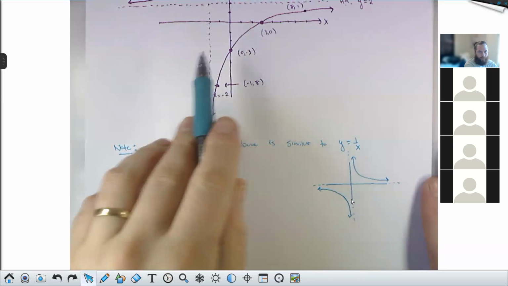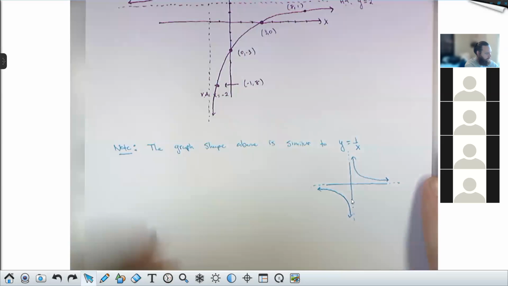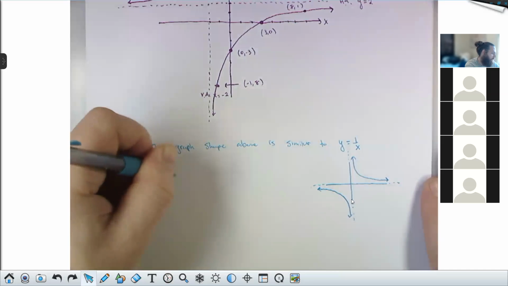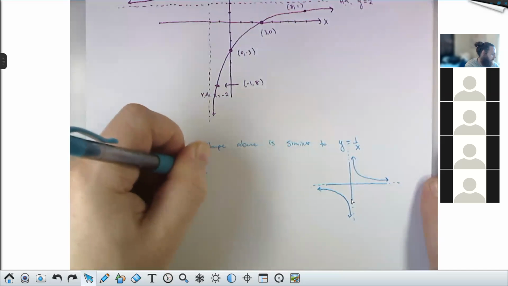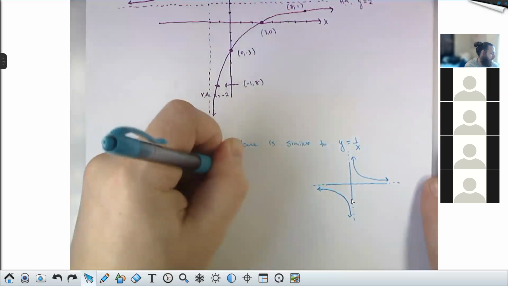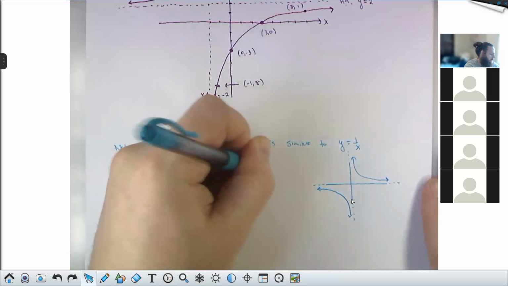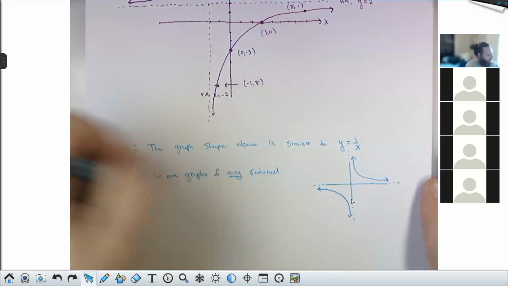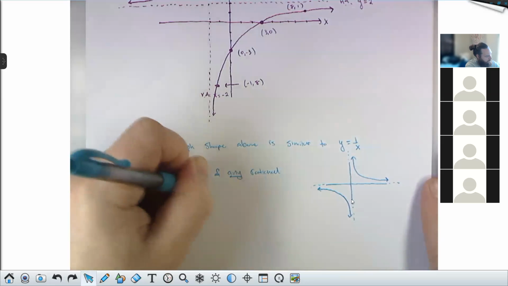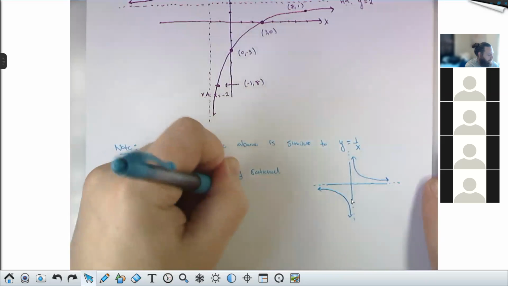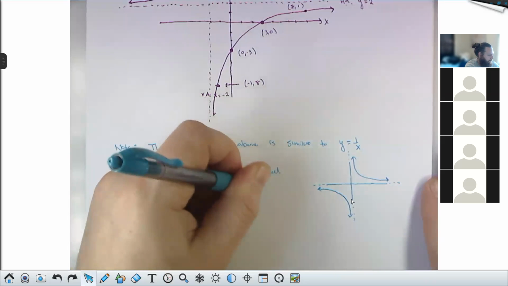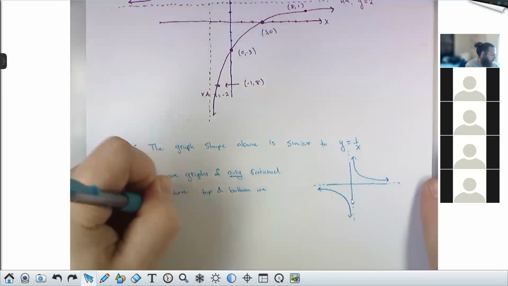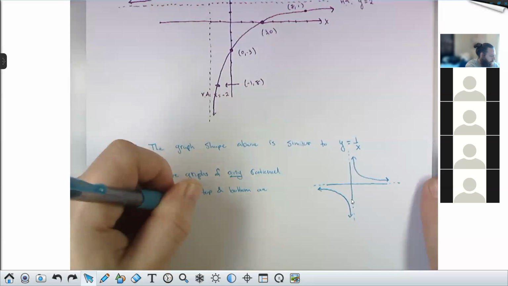Not only is the graph we just drew similar to this, so are graphs of any rational function where the top and bottom are both degree 1.